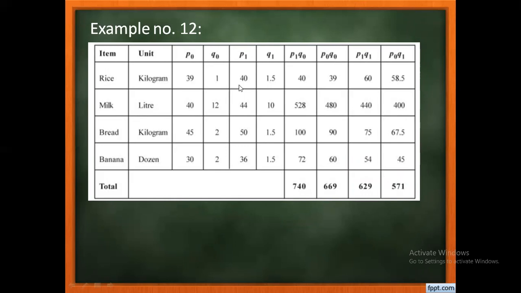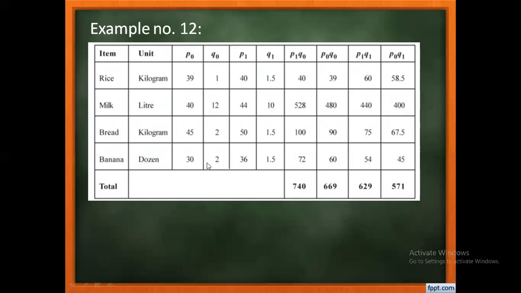So 1 into 40, 40. 12 into 44, 428. 2 into 50, 100. 2 into 36, 72. Similarly, we require in Laspeyres P0Q0. So P0 into Q0. 39 into 1, 39. 40 into 12, 480. 45 into 2, 90.